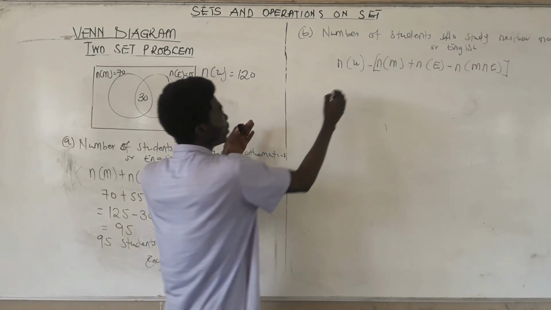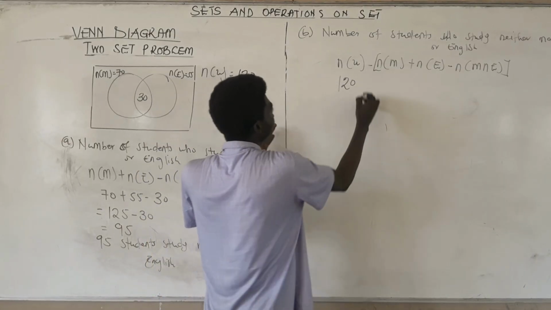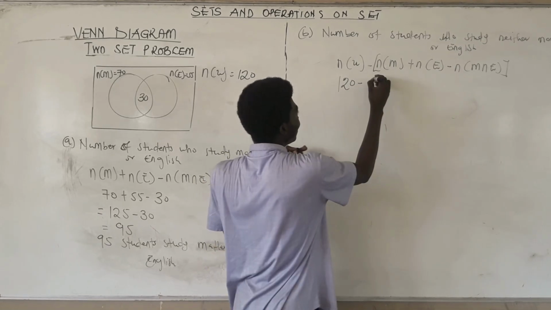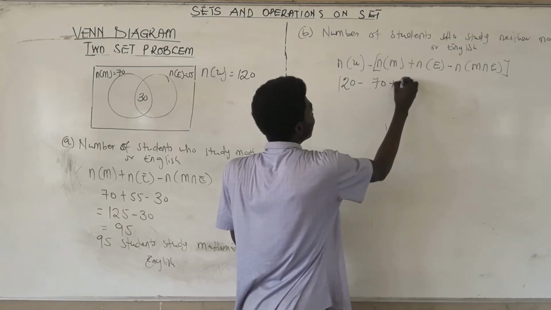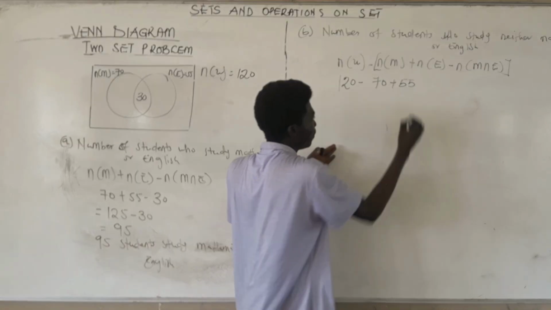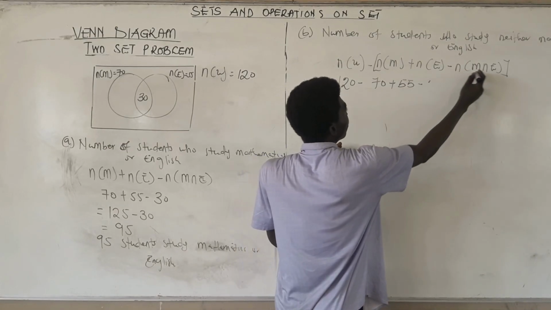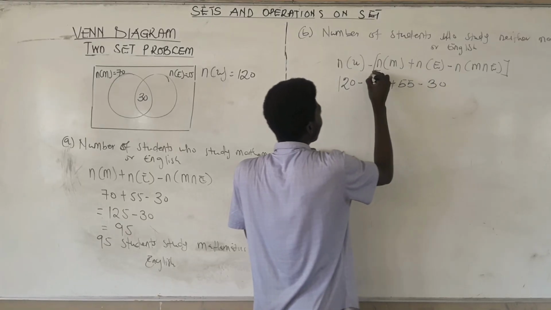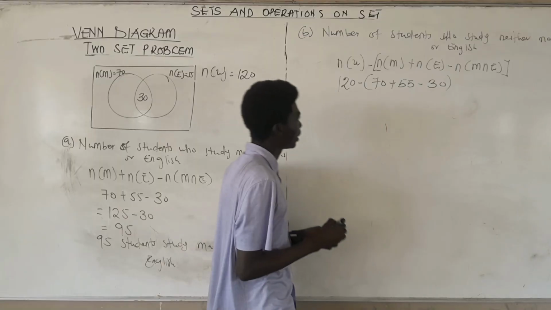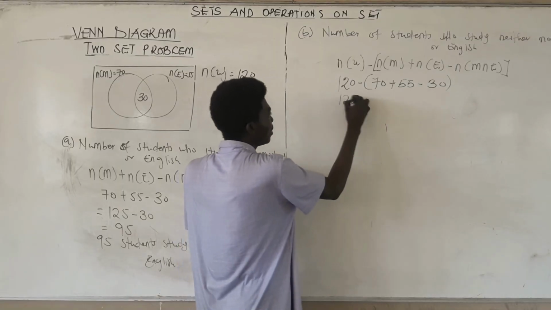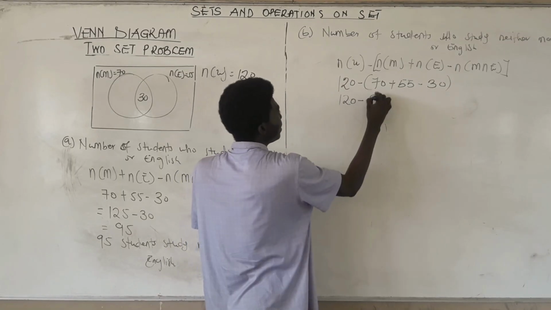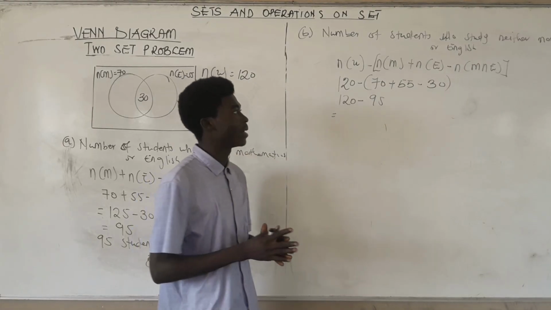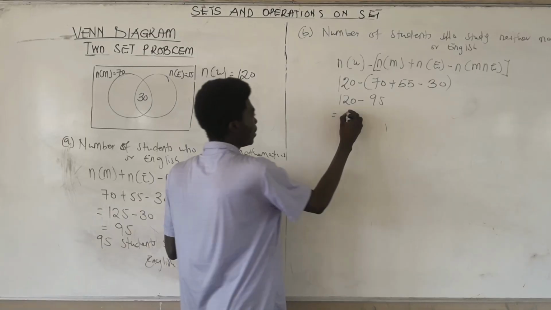And that is going to give us 120 minus, number of students who study mathematics is 70 plus English is 55 minus number of students who study both mathematics and English is 30, right? Okay, so we are going to get 120 minus 95. And students who study neither mathematics or English is going to be 35.